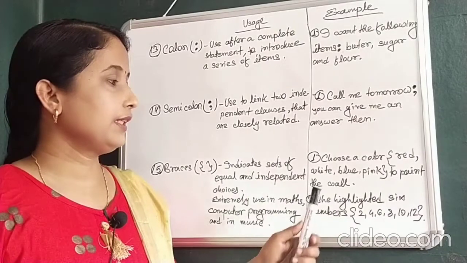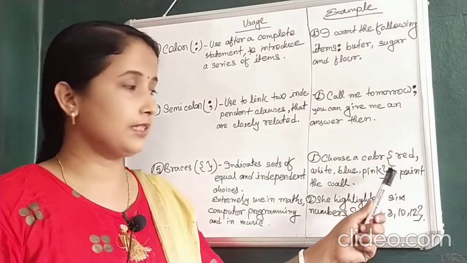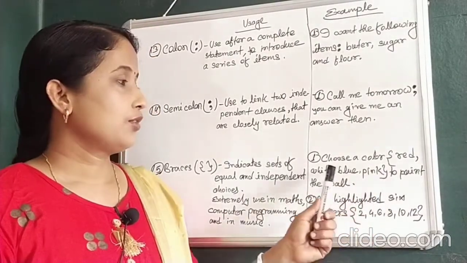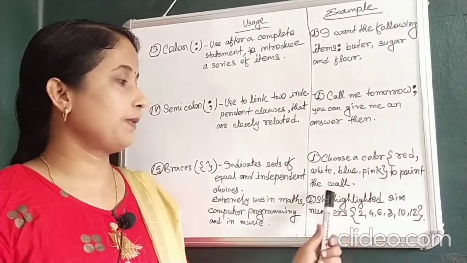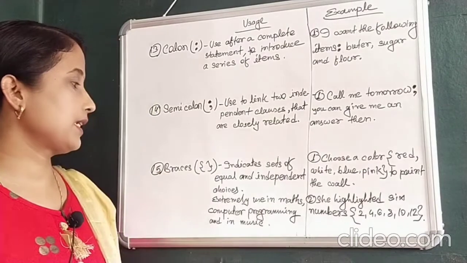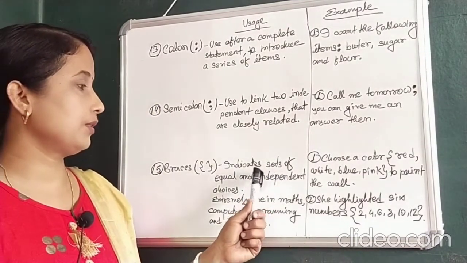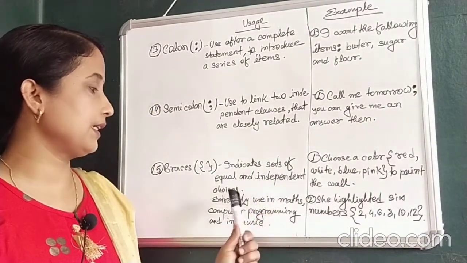So we use curly brackets, meaning braces, here. So braces are used for sets of equal and independent choices.